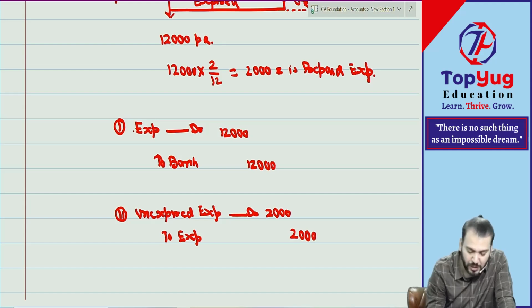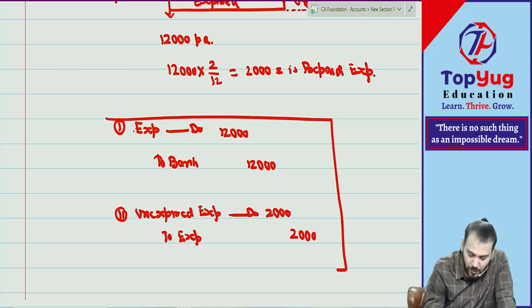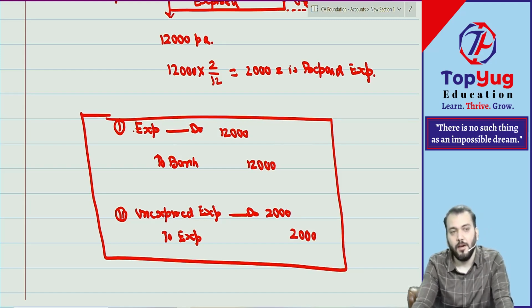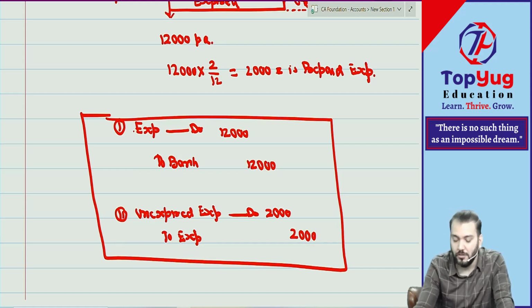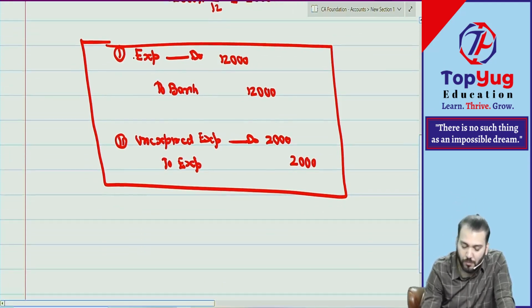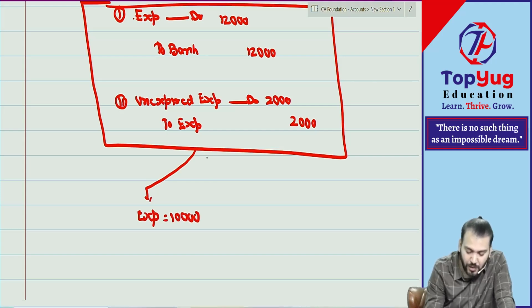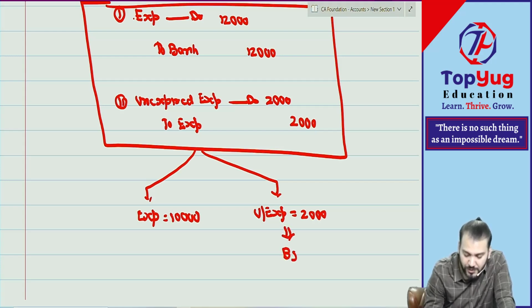How much will go to PL? 12,000 minus 2,000, so 10,000 will go to PL as an expense. And the asset, prepaid or unexpired expense, is 2000. This will go to the balance sheet.